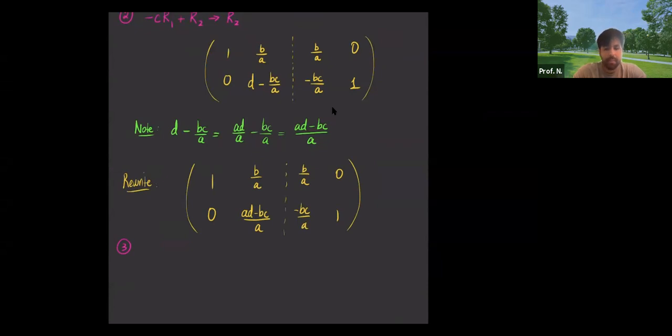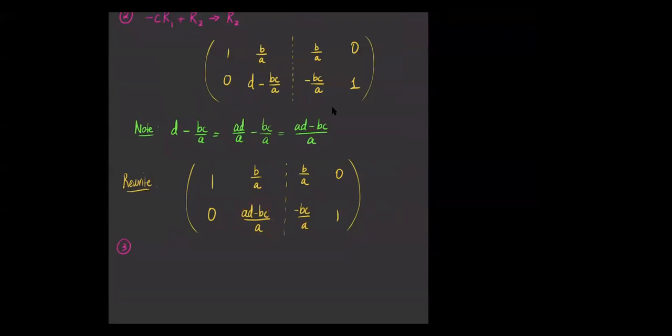What's the next step? To make this side of the matrix an identity. Well, what do I need to do to this guy? I want to make this a 1, right? So what do I need to multiply to this to make it a 1? You can multiply by the reciprocal.